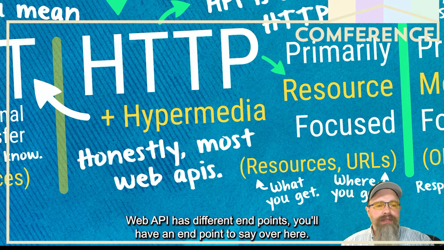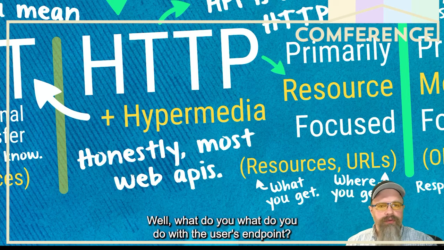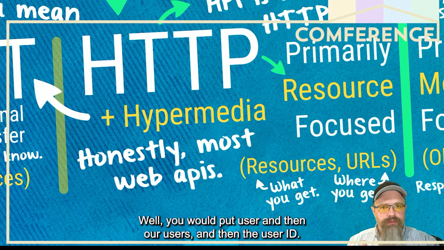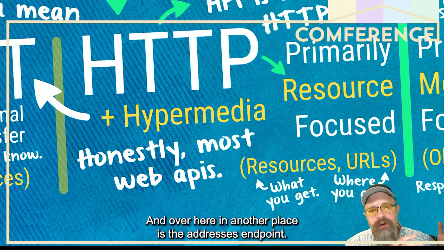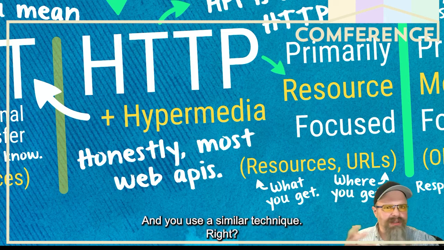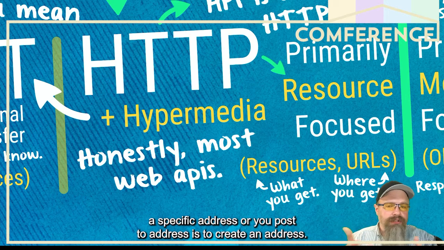If we have a user's resource, you use the user's endpoint. What do you do with it? You would put users and then the user ID, and that's how you get back a specific user. And over here in another place is the addresses endpoint, and you use a similar technique. You take addresses and add the ID to it, and that gets you back a specific address, or you post to addresses to create an address.